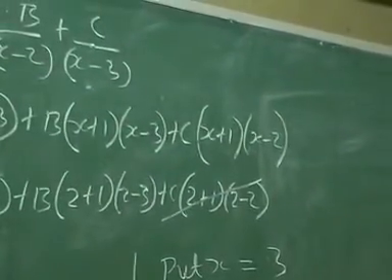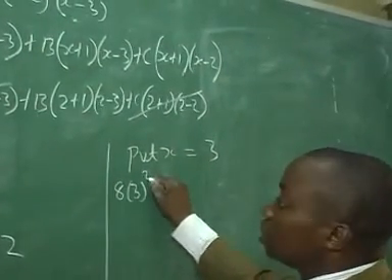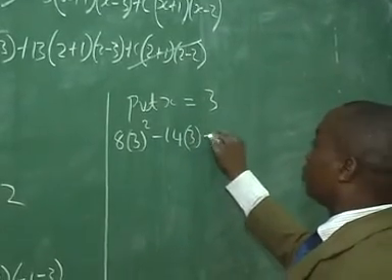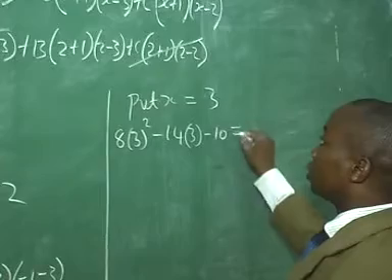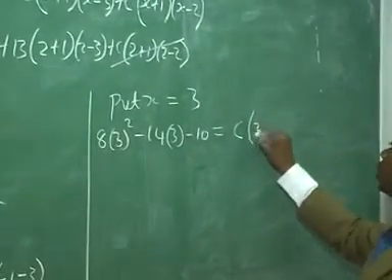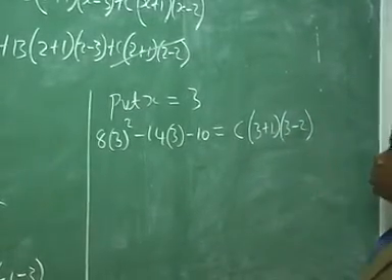So we put that, we now have that 8 times 3 squared minus 14 times 3 minus 10 is equal to c times 3 plus 1, and then we have 3 minus 2.